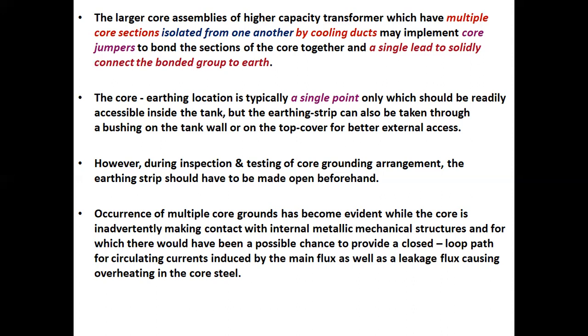Occurrence of multiple core grounds becomes evident when the core inadvertently makes contact with internal mechanical structures, for which there is a possible chance of providing a closed loop path for circulating currents induced by the main flux, as well as leakage flux, causing overheating in the core steel.